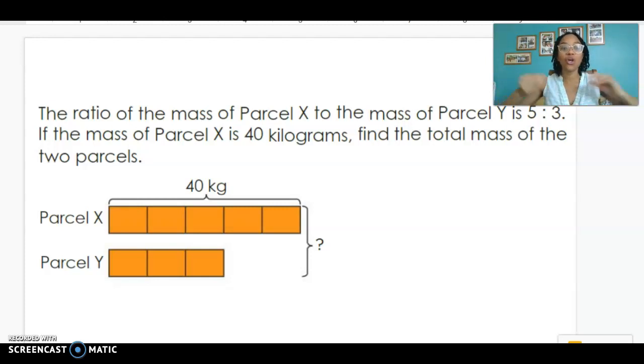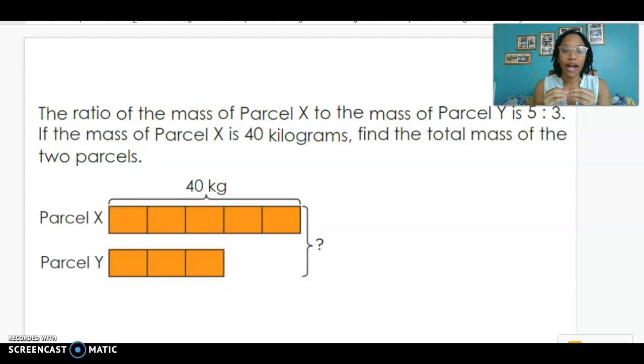So now we don't know the total. We don't know one of the parts, but we do know the other part, and we know how the whole thing is broken down into ratios. So once again, what we're really looking for is what is that little orange square worth? And then I can use multiplication to figure out what all the squares or some of the squares are worth.